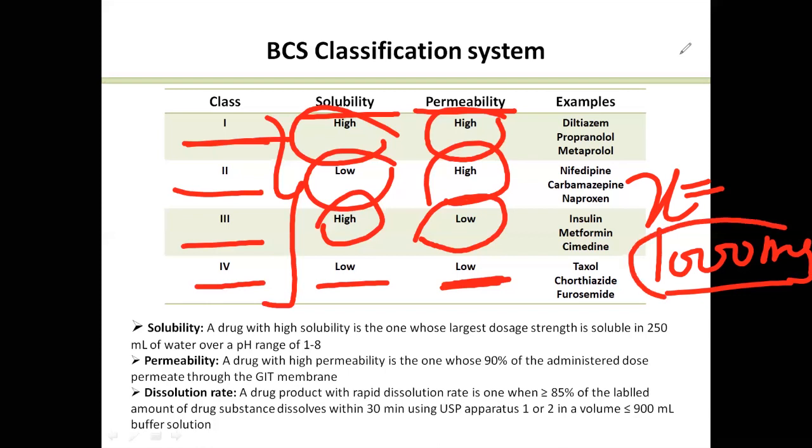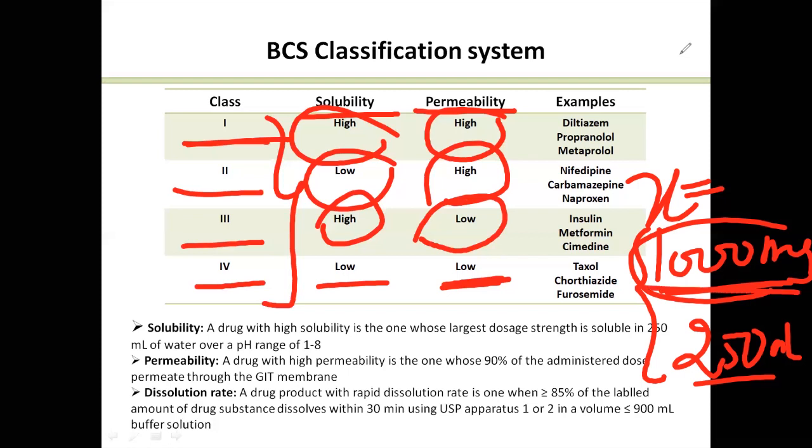If this 1000 mg dose is soluble in 250 ml of water, across a pH range that can vary from 1 to 8, that is, if the solubility of the drug is more than the maximum dose per unit 250 ml, then I will call it a high solubility drug.